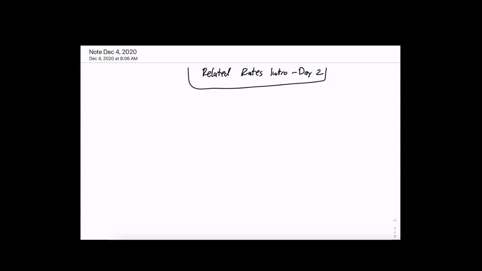It doesn't happen often, and some teachers will gamble and not cover it, or cover it very lightly, and then it turns up on the AP exam. I personally like related rates. I find it a very interesting and applicable topic, especially for those of you who want to be engineers.